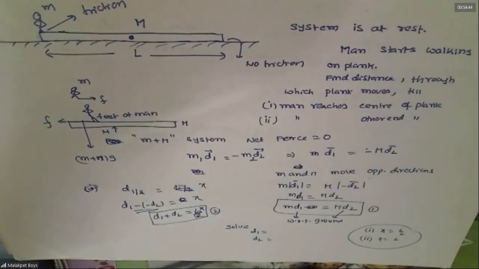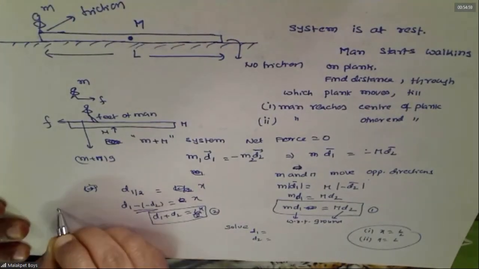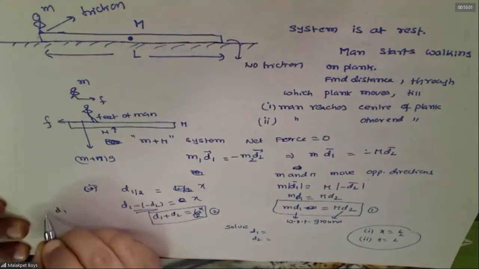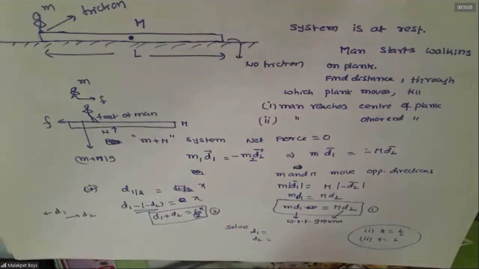Sir, one doubt. Just before I said yes, sorry, sir, by mistake. So this D1 is minus of minus D2, no, sir? This is D1 with respect to the second. Yes, sir, this minus sign is taken because the plank moves backward, opposite, no? This is displacement, this is D2. They are not moving in opposite direction? Are they not moving? Yes, sir, they are moving.